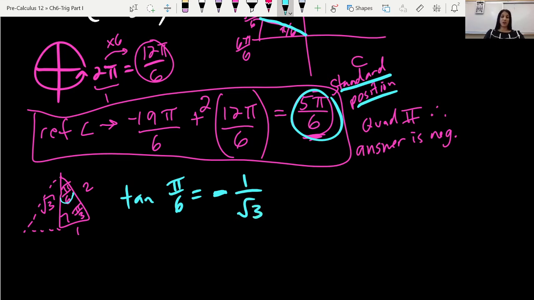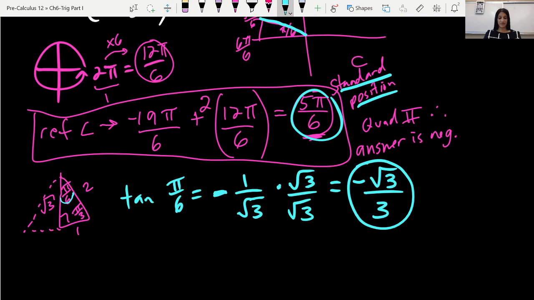So negative 1 over root 3 is what we get, but we don't like this because there's a radical in the denominator. So I would multiply by root 3 over root 3 in order to rationalize the denominator. So after all that, I get negative root 3 over 3 as my answer to this whole question.